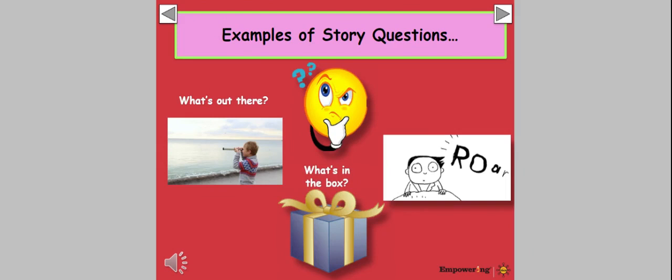That's a good story question. Or how about the boy with the roar coming off the side of his head? I'd be wondering, what's making that noise? These are some great examples of story questions that add just a little sense of anticipation. Gets you to wonder or worry.